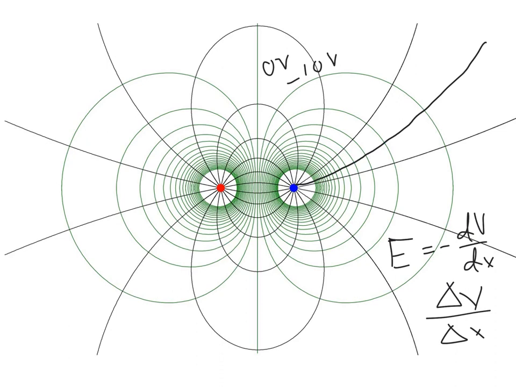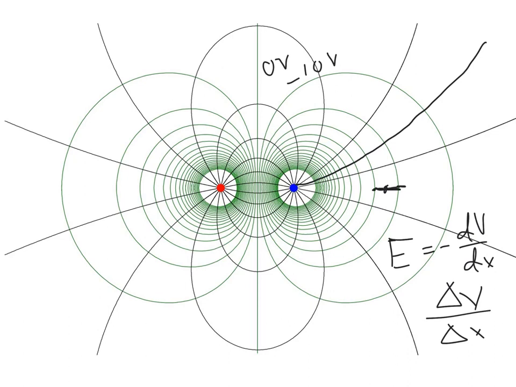Looking at this picture here, you can see that out here somewhere, the field is actually rather weak. If each of these lines is 10 volts, then this one here is maybe the negative 20, this is the negative 30 volt line. So you've got a change of 10 volts over that distance right there.